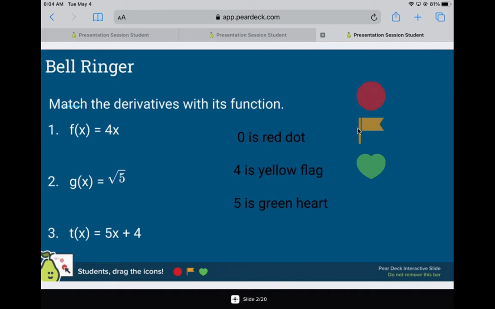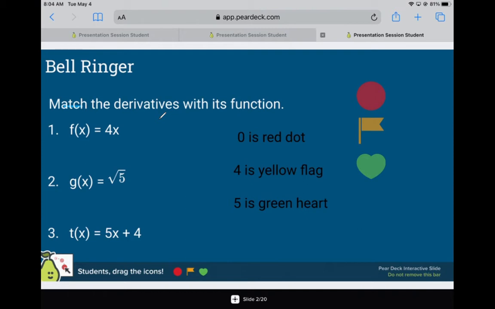Now, if you look at this one, if we're going to take the derivative of the first function, f prime, okay. The derivative is like an informal way of taking a derivative.